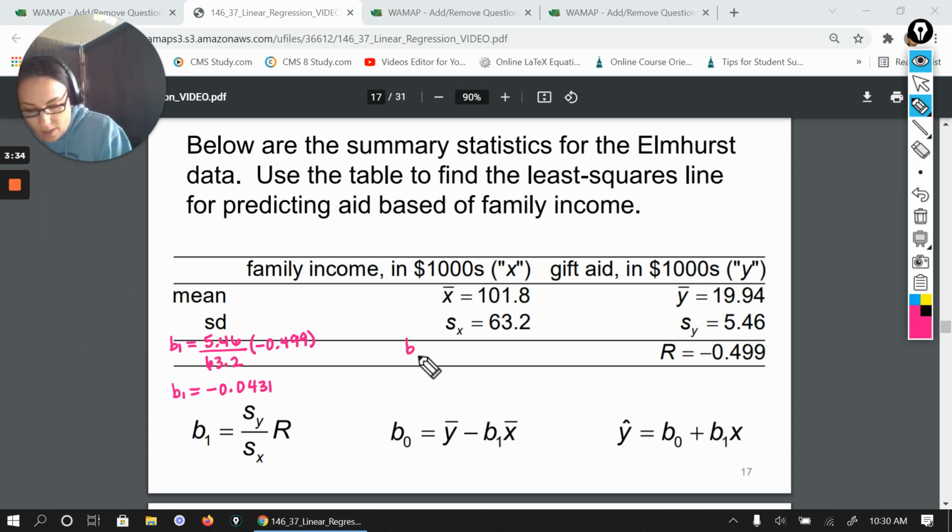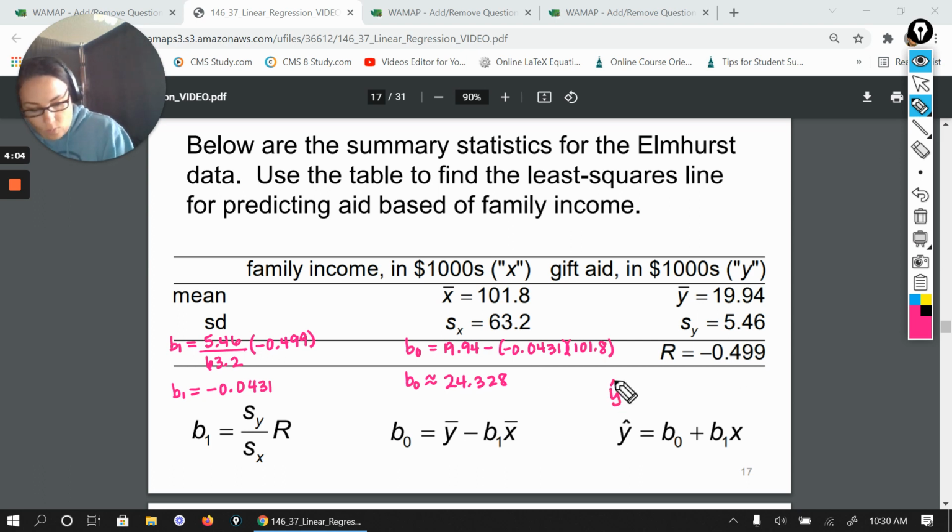For b naught, we follow this formula. y bar, which is 19.94, minus b1, which we just calculated, negative 0.0431, times x bar, which we are told is 101.8. So we get an answer of approximately 24.328.